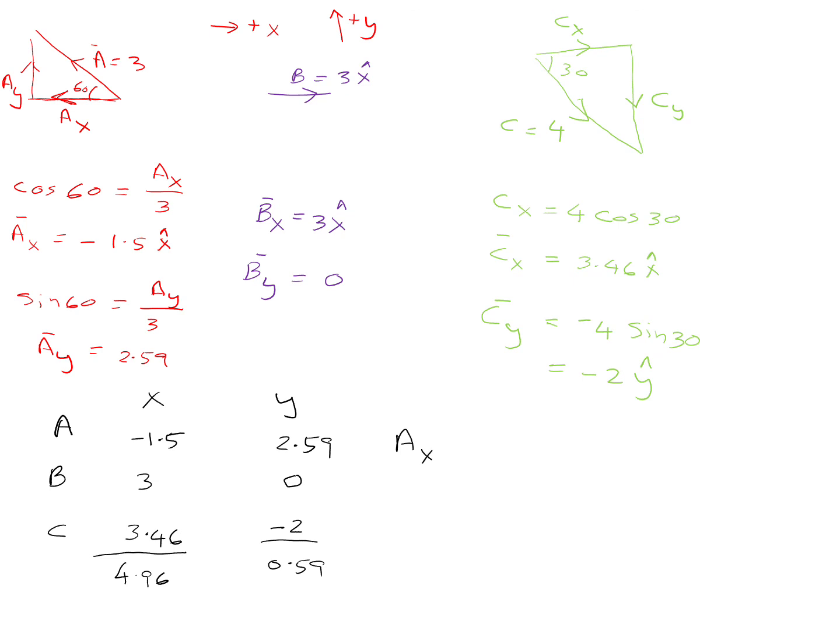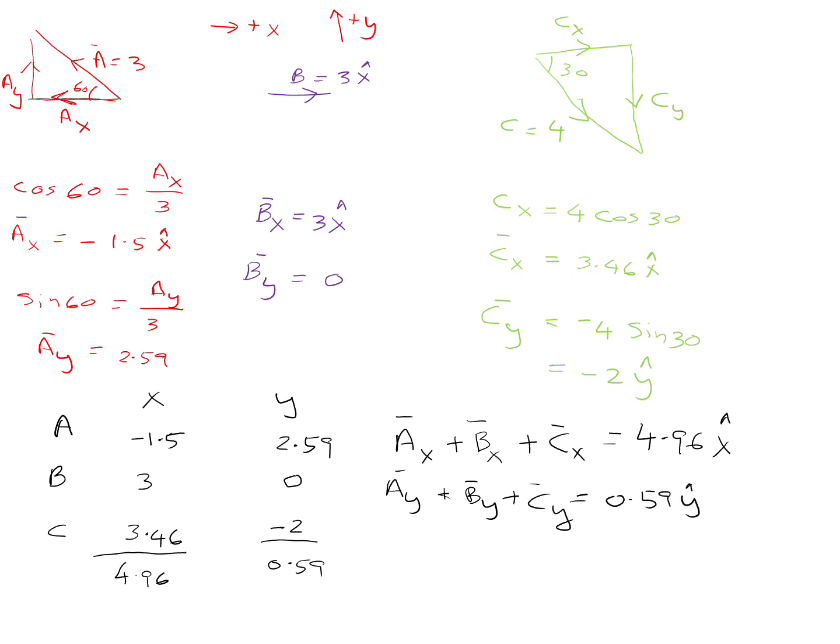So now you have A_x plus B_x plus C_x, which, as a vector, is 4.96 x hat, and A_y plus B_y plus C_y is equal to 0.59 y hat.